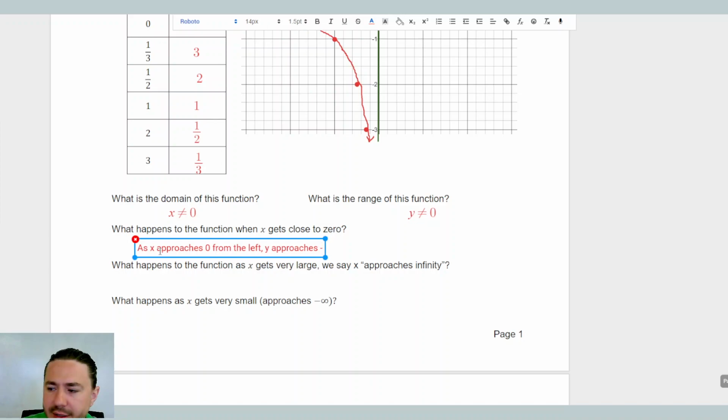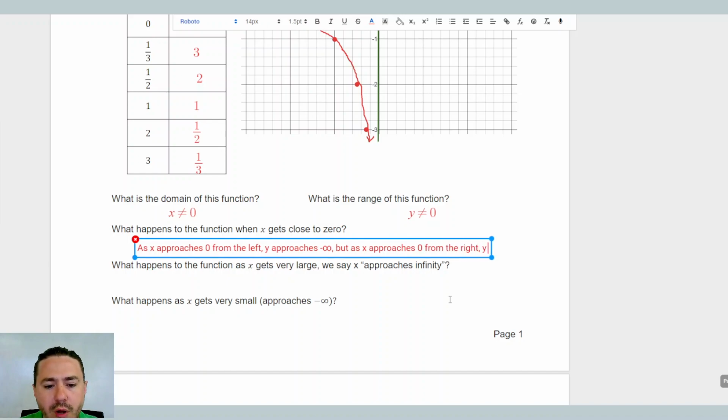Let me grab an infinity symbol. Okay. So, as x approaches 0 from the right, y approaches +infinity.